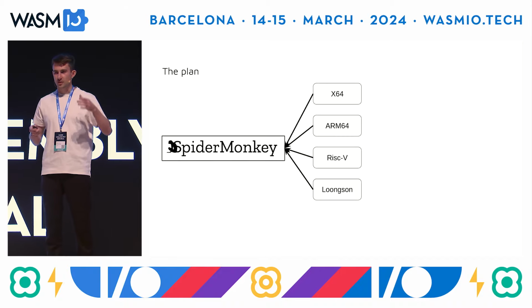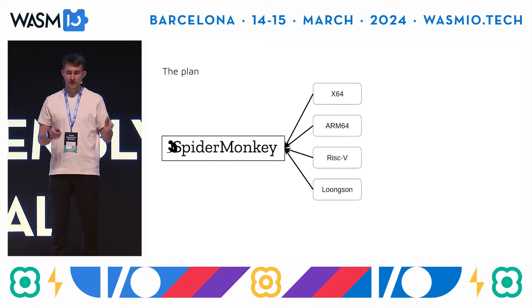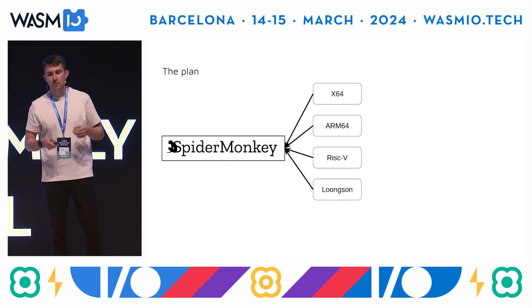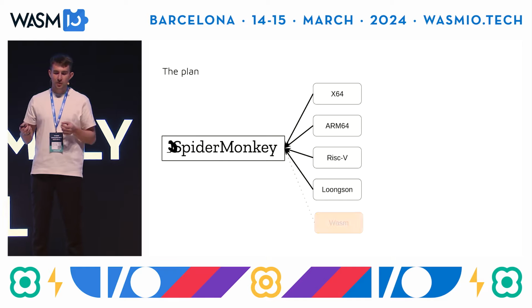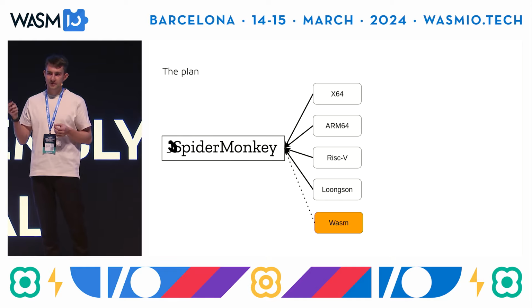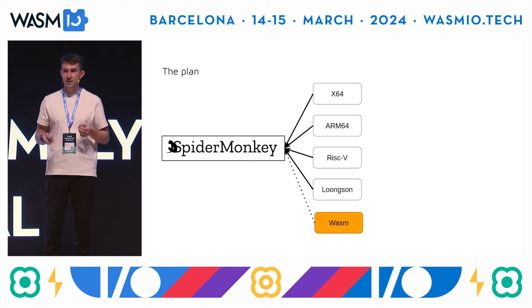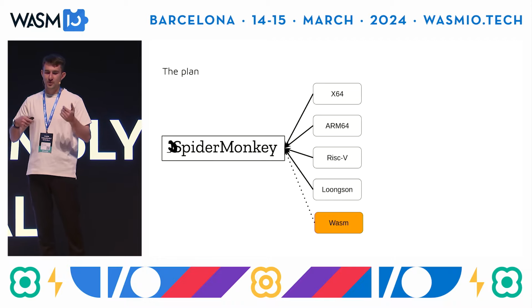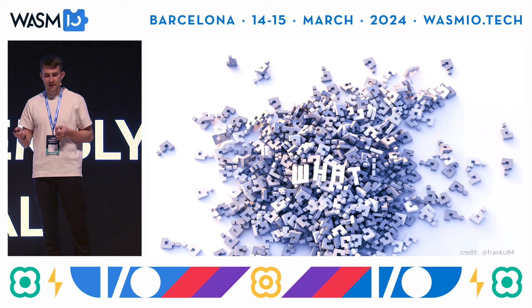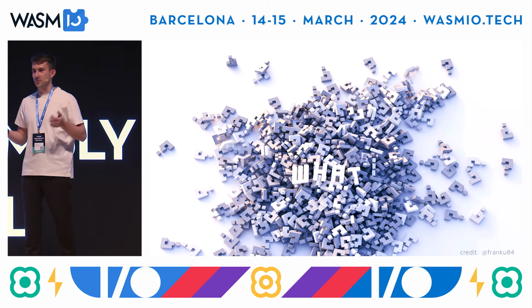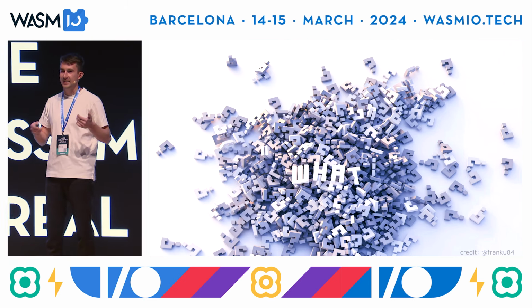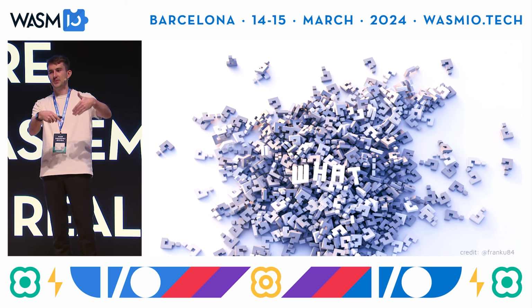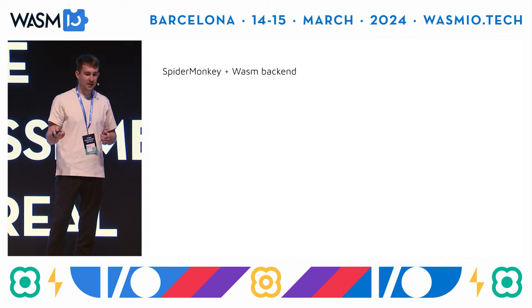It supports a lot of architectures for JIT code generation, like x64, ARM64, RISC, etc. And we are going to add another target for SpiderMonkey, Wasm, so that it can produce Wasm bytes for your JavaScript code. At that point, you can ask why, because SpiderMonkey is also a Wasm engine that can produce Wasm bytes as codegen, and it's a bit tricky.